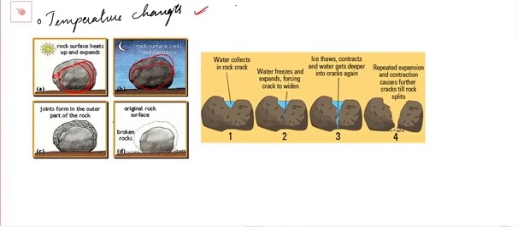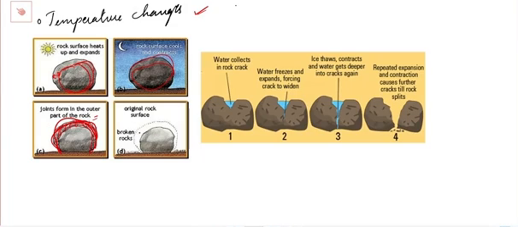Due to this expansion and contraction, there is removal of the outer layer of the rock. This is the layer of contraction and expansion, the outer surface layer, and joints form from the outer part of the rock.